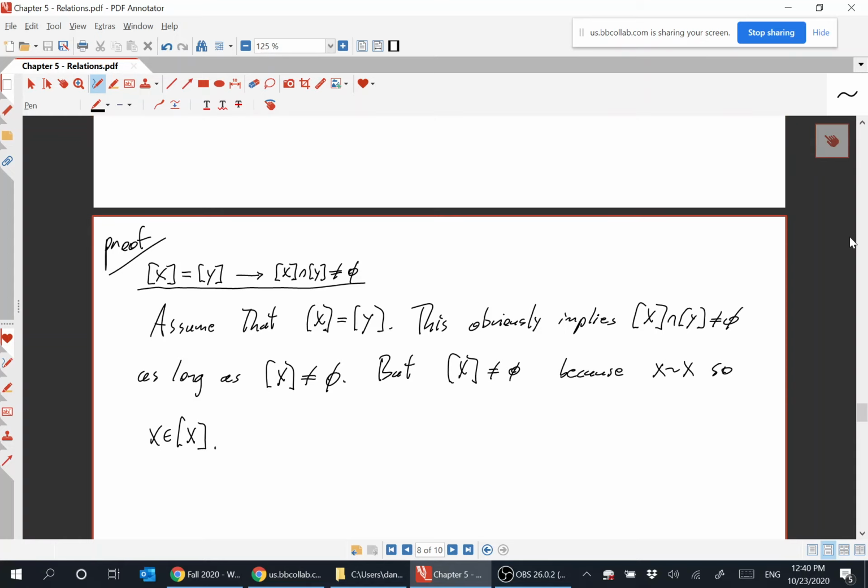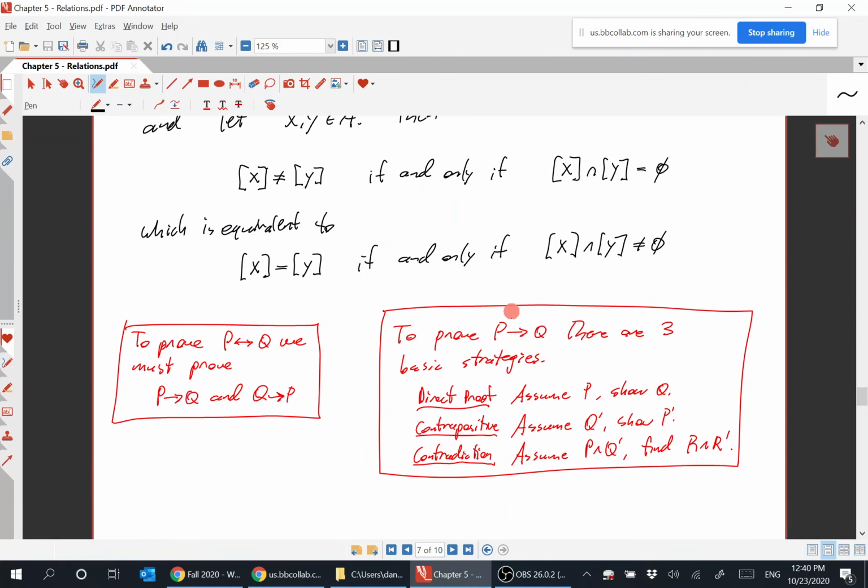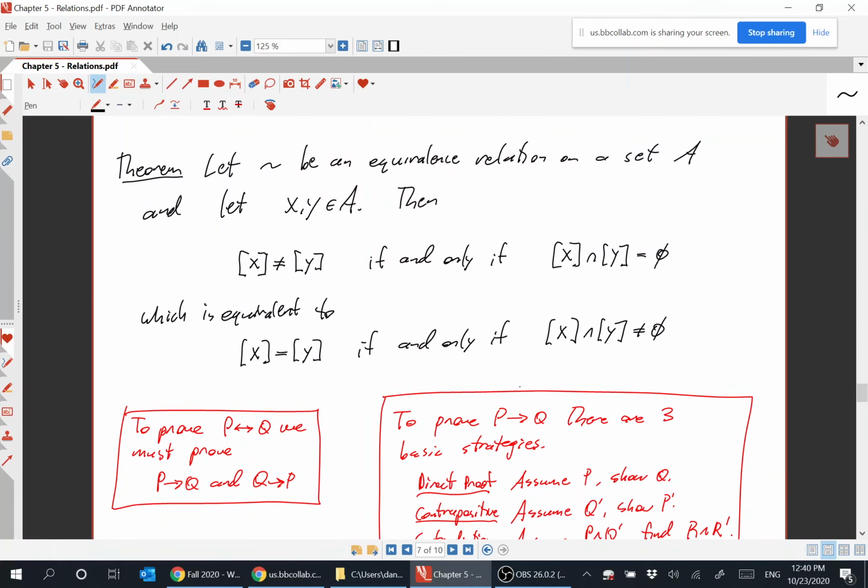All right, what's the next thing we have to prove? This implication is done. What would be the next implication we have to prove for this if and only if statement? These statements are equivalent, so I'm doing the bottom one.